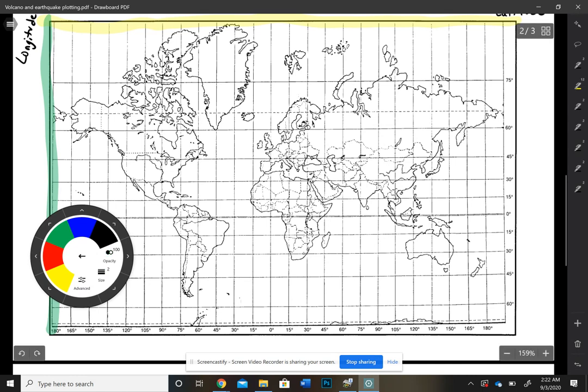So let's start by making our little symbol here. Never eat soggy waffles. Northeast, southwest.